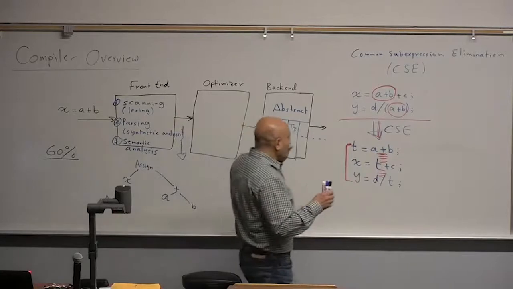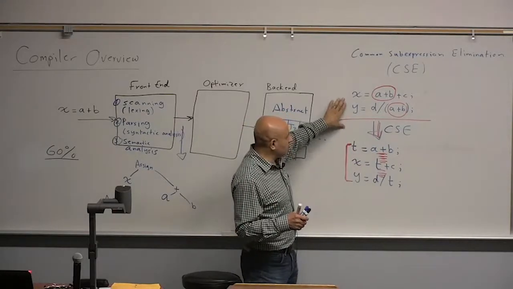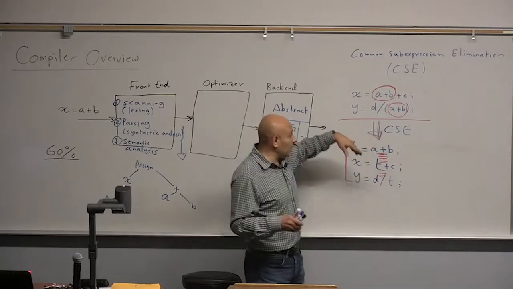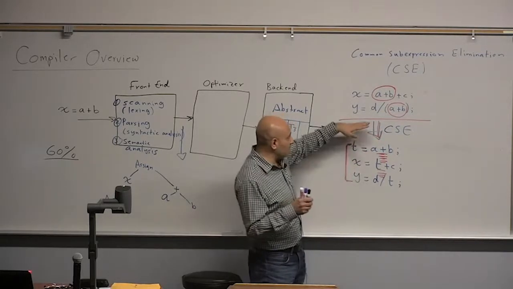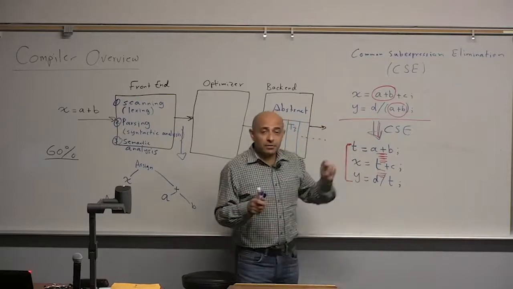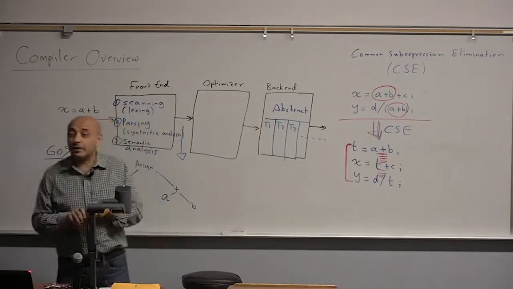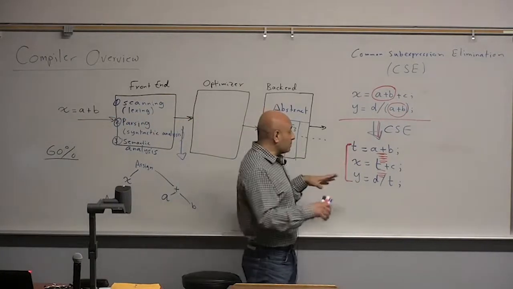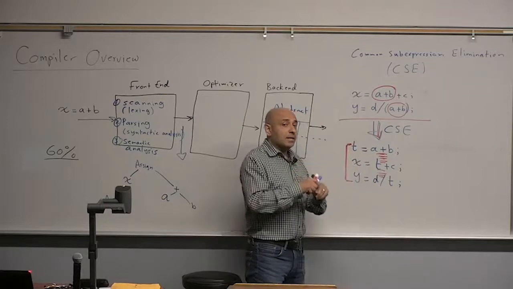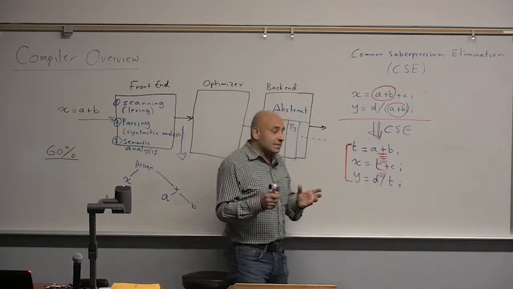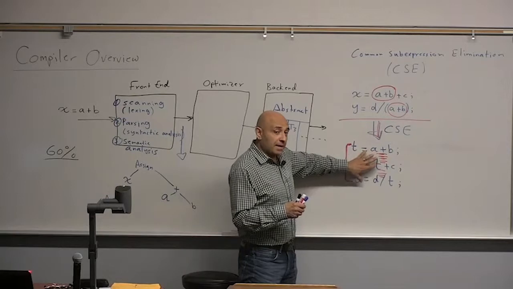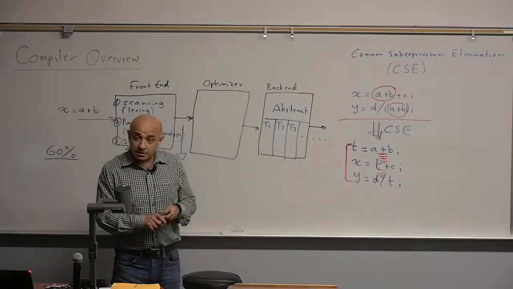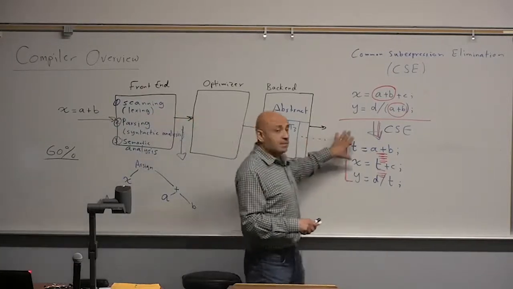And the point here is that this kind of transformation, even though it appears to be machine independent, in principle it's machine independent, but if you think about it deeply, it will not be 100% machine independent. Because when we start talking about memory, caching, registers, whether this will be good or bad will depend on how much cache we have, how many registers we have, and parameters like this.